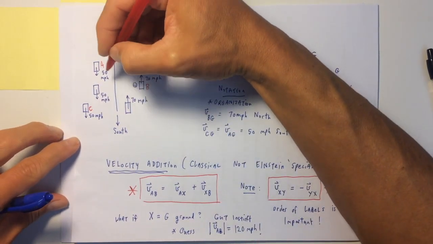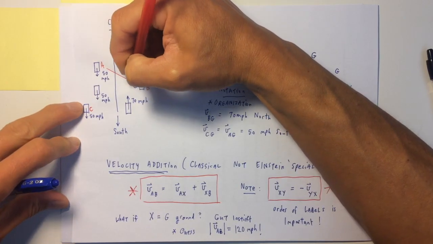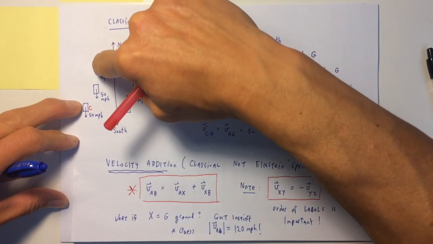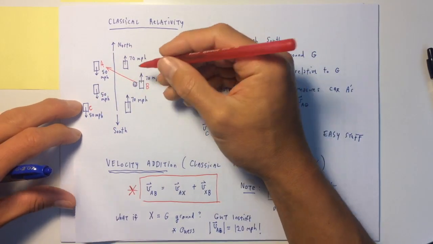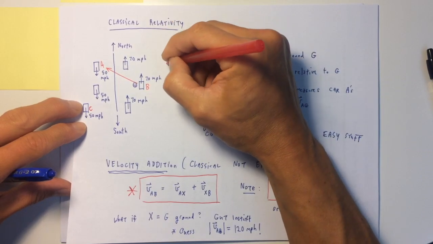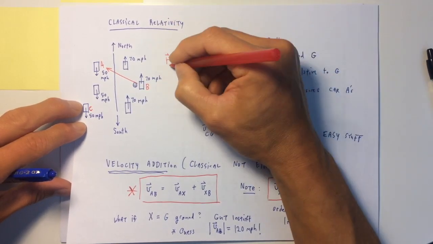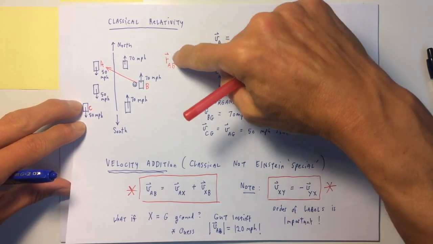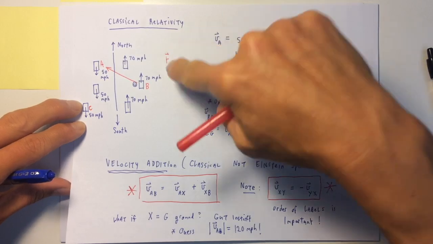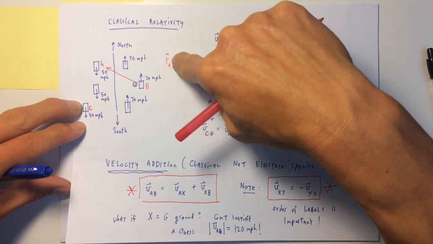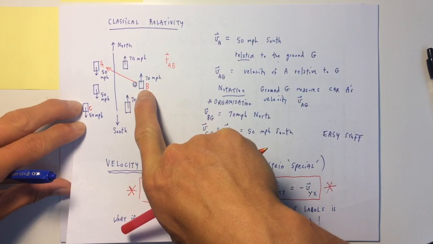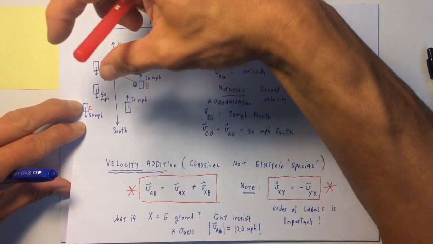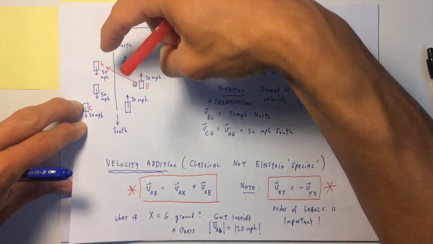Here is an arrow that points from B to A. And we might say that this arrow is a vector that locates A relative to B. That is, there is a position vector, and this position vector is the position vector that this little person in car B uses to locate the car A at this particular instant in time, right?